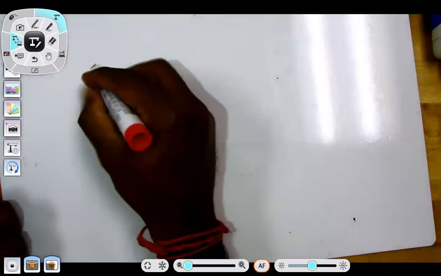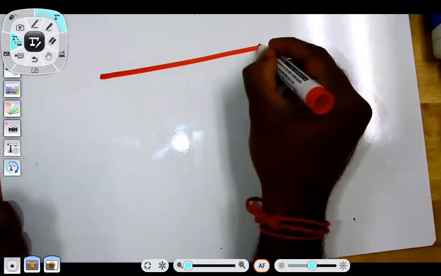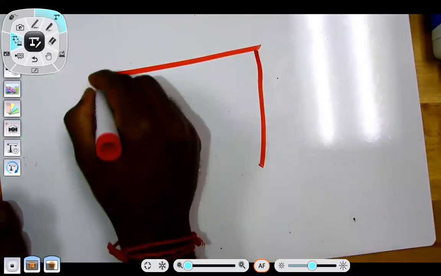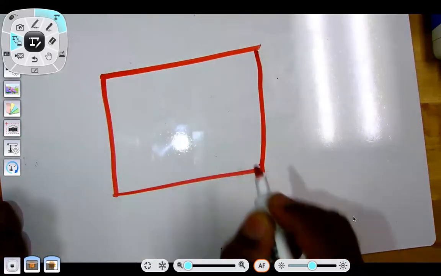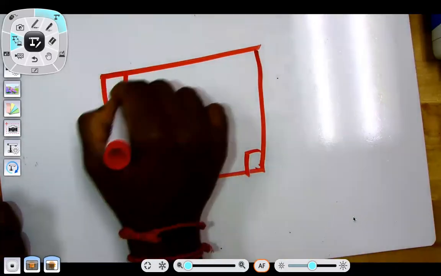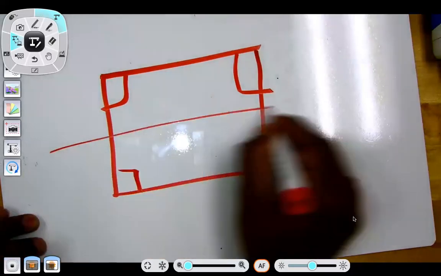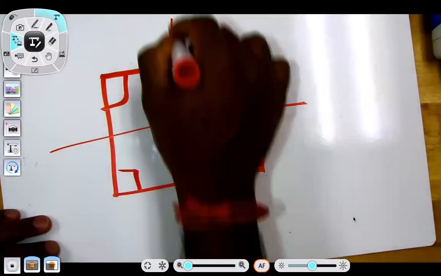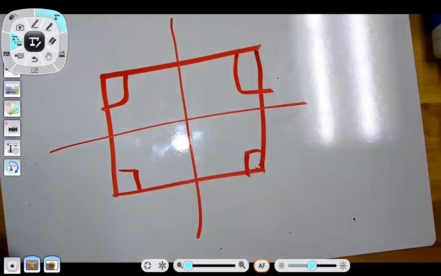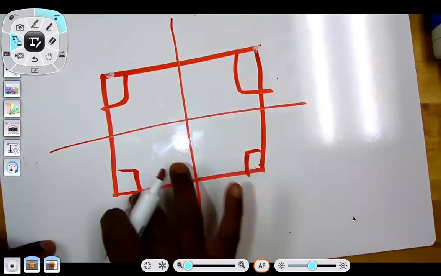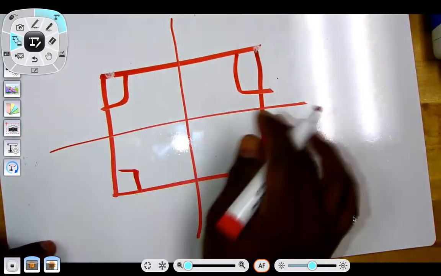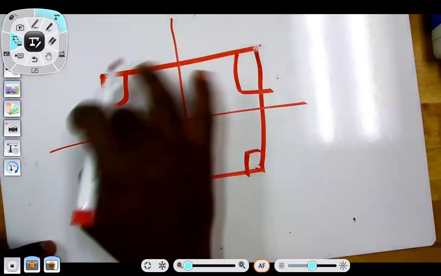So just an example. If you have a rectangle, then there will be some lines of symmetry. One is this. If you flip it, the other one is here. Why is it not 4? We cannot count the vertices. A rectangle has opposite sides equal, not all the sides.